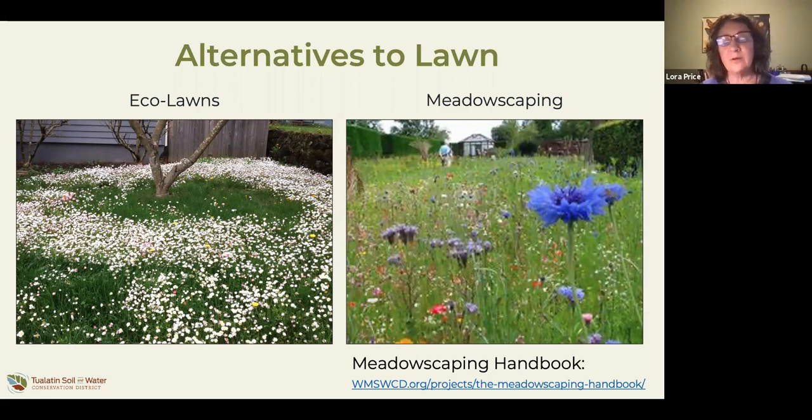There's also a microclover that is often mixed in with eco lawns, and that's very fine textured and low, and it's great because it is in the legume family, which means it's capturing nitrogen from the air and replenishing nitrogen to the soil, which is a great feature of all the plants that are in the legume family.